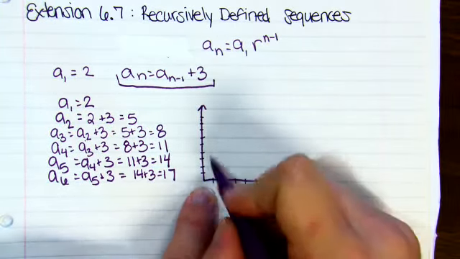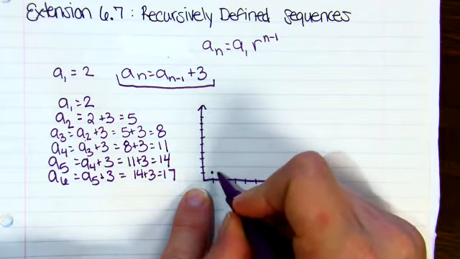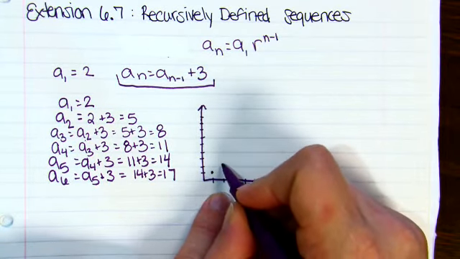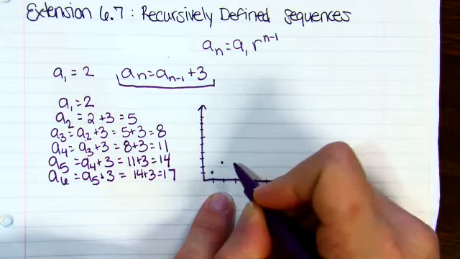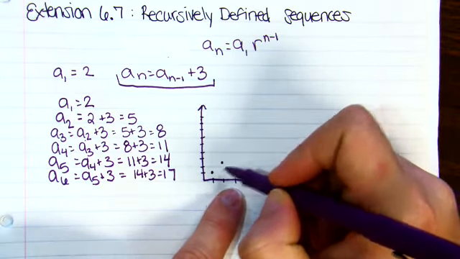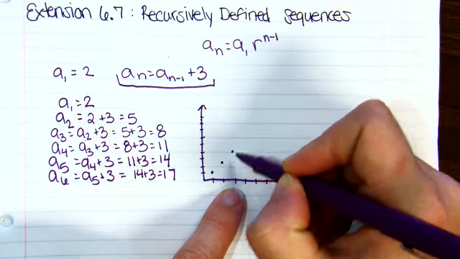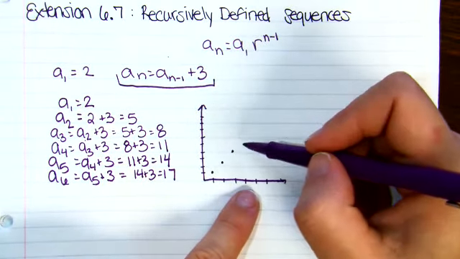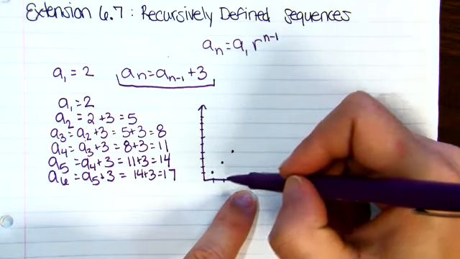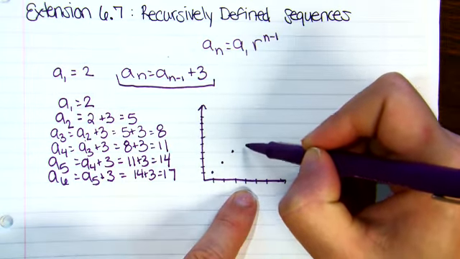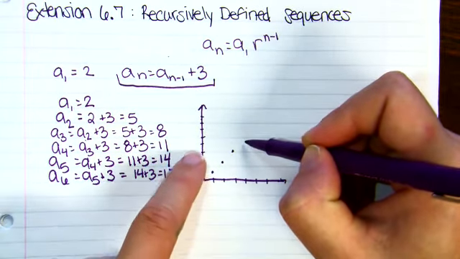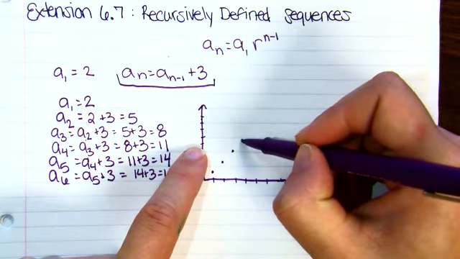My first term is 2. My second term is 5, which would be about there. My third term is 8. The fourth term is 11, which is right about there.